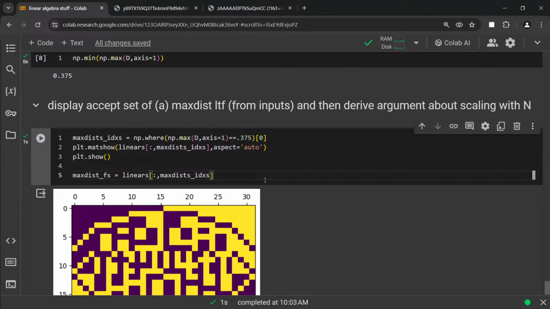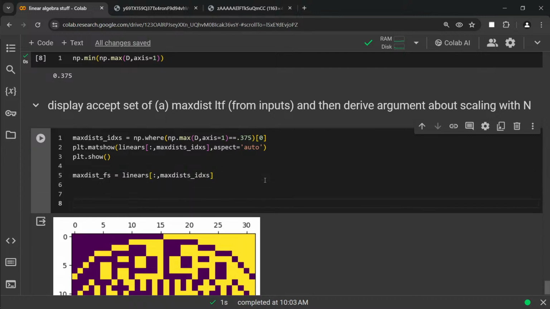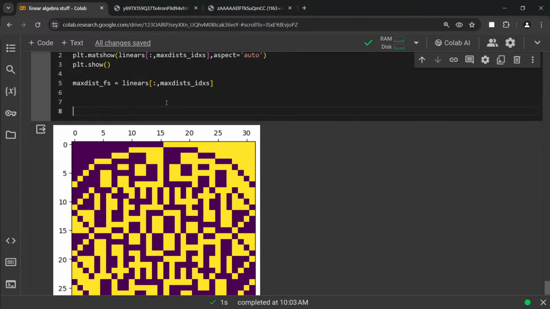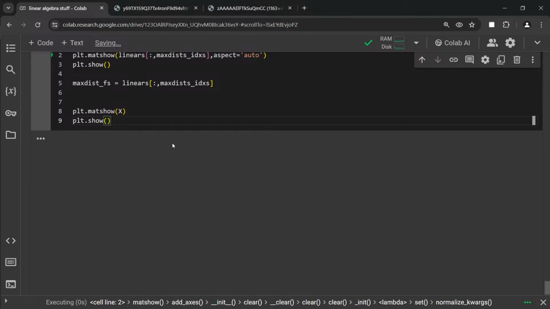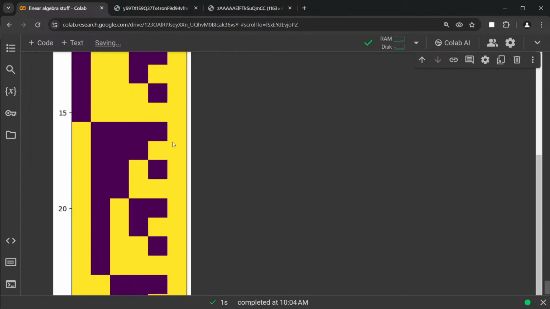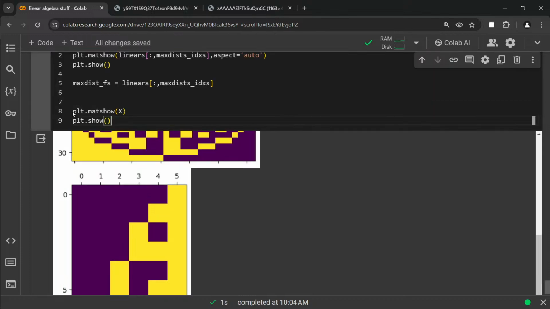Okay. So then we're gonna take the first column of this matrix, and do I actually have the inputs? I think they're just called X. Okay, I need to get rid of the last column.